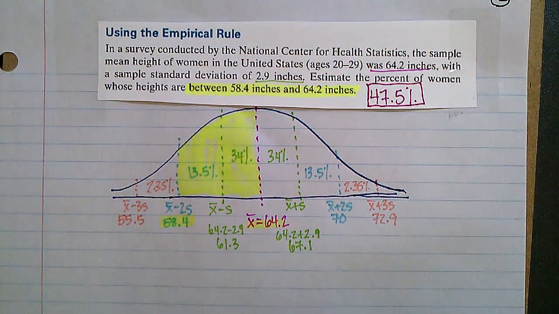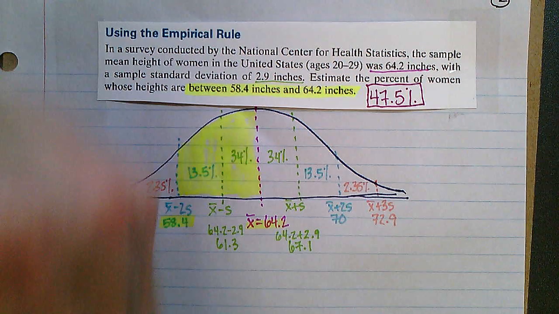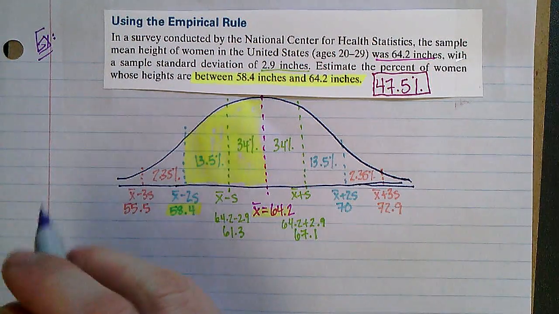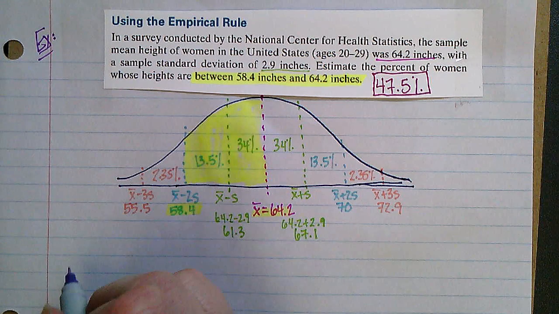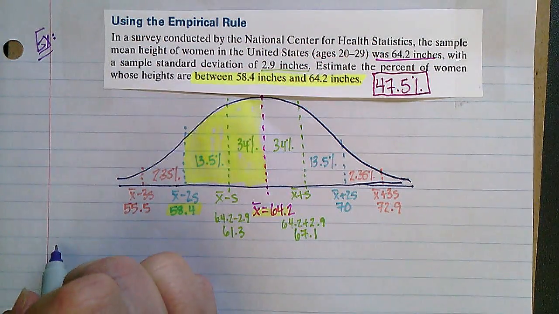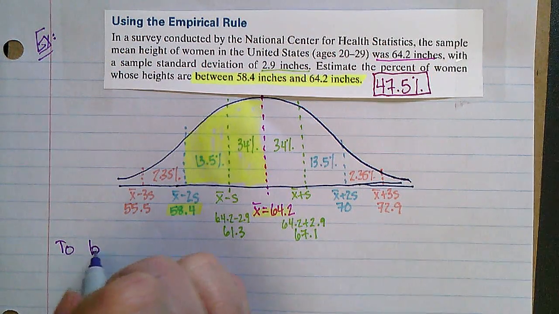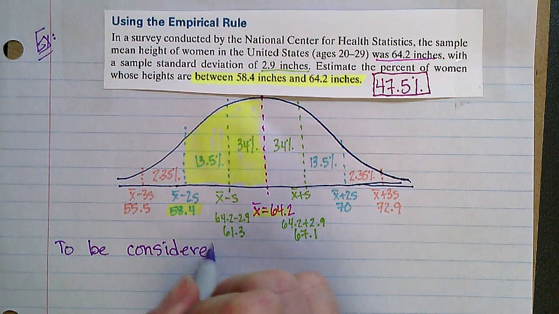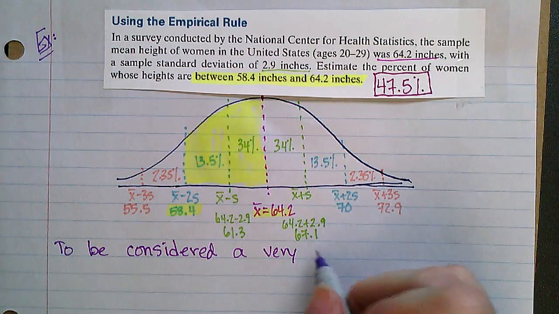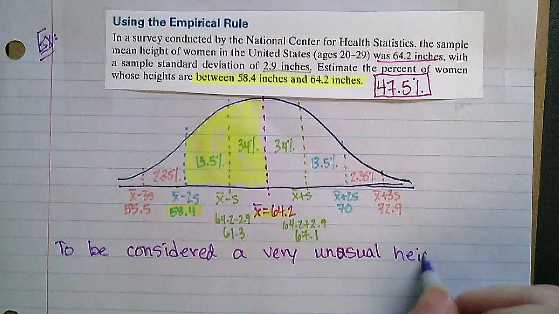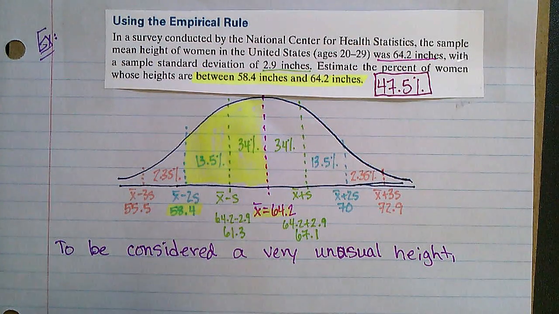Now I want to go back to that idea of unusual and very unusual, working with this same example here. Remember that to be considered very unusual, we have to be more than 3 standard deviations away from the mean. So let's figure out how tall we'd have to be to be considered a very unusual height.